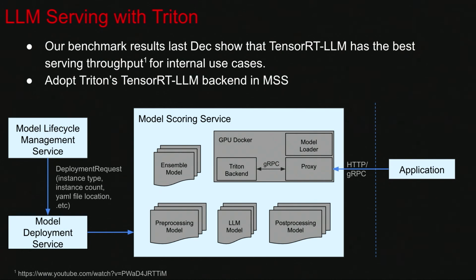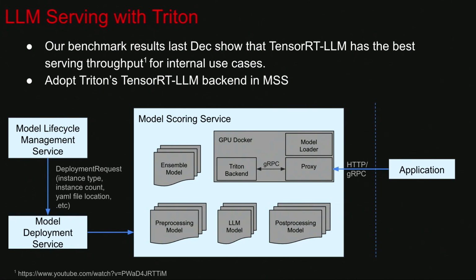Usually, there are four models involved in our LLM model serving. The pre-processing model does the cleaning, tokenization, and normalization, and prepares the input to the main language model. Then the large language model is the core model responsible for understanding the input and generating natural language text.